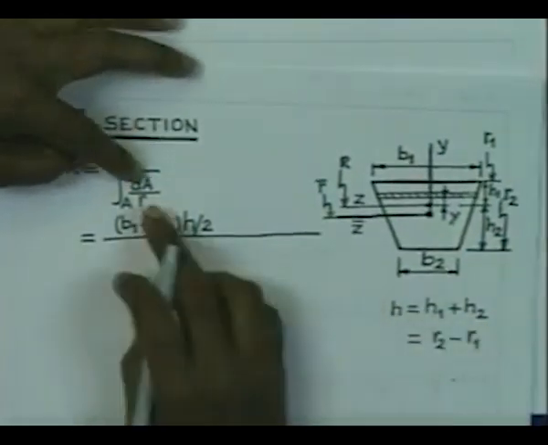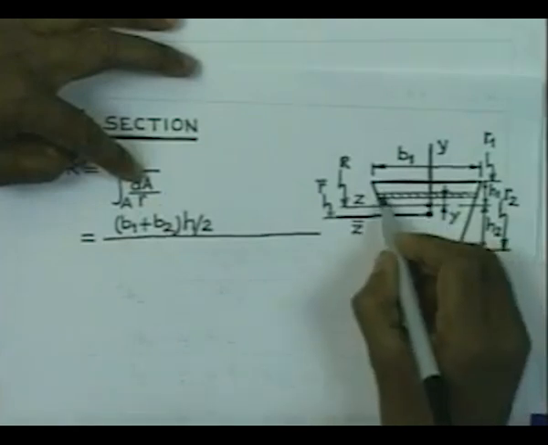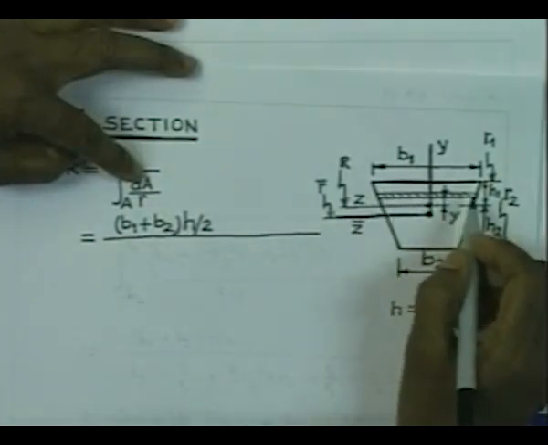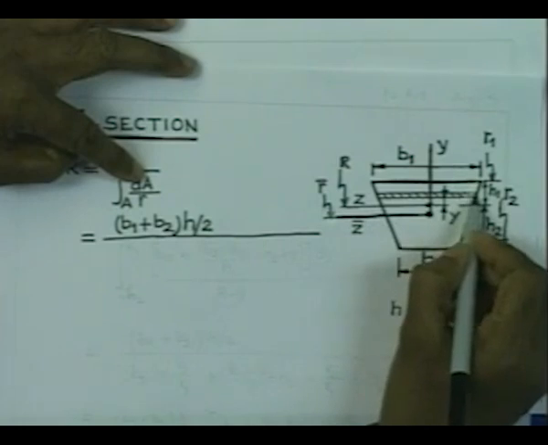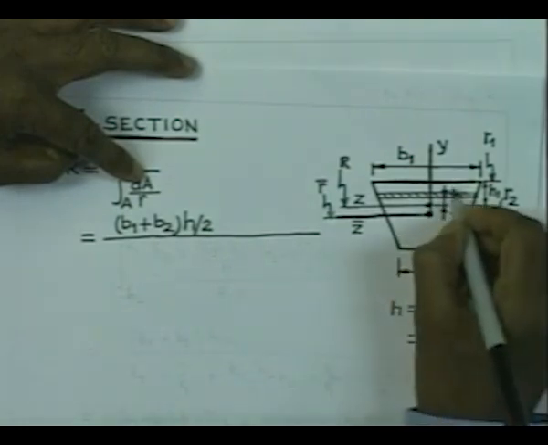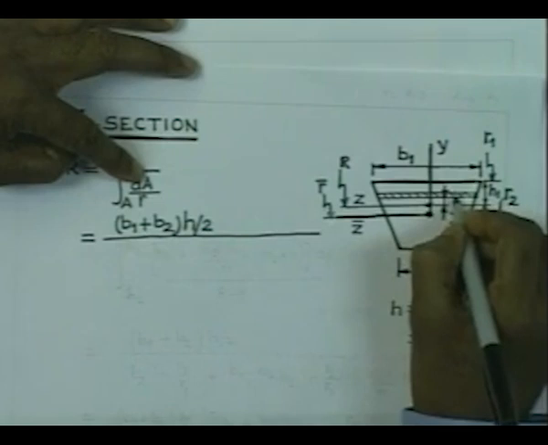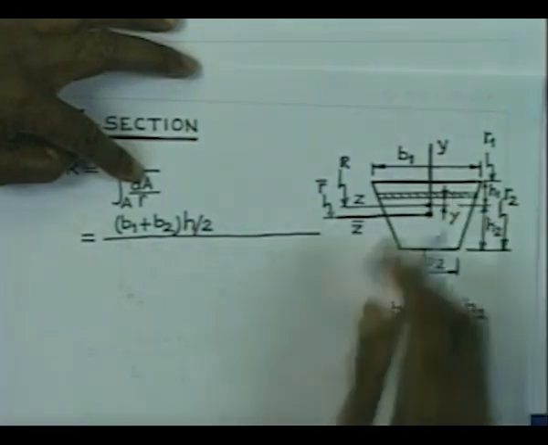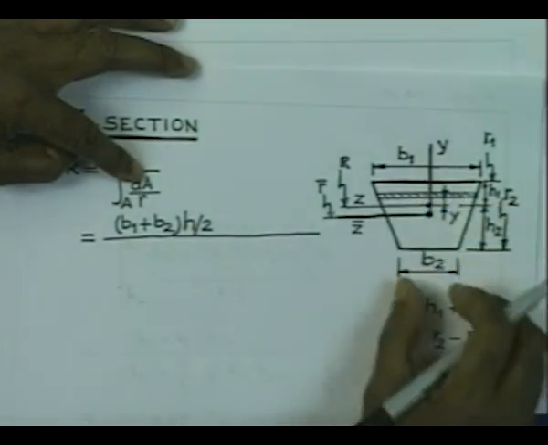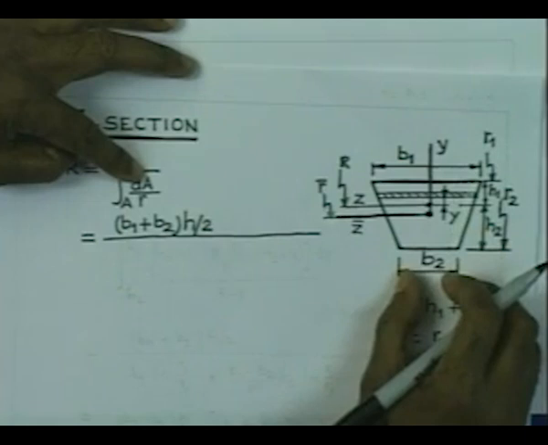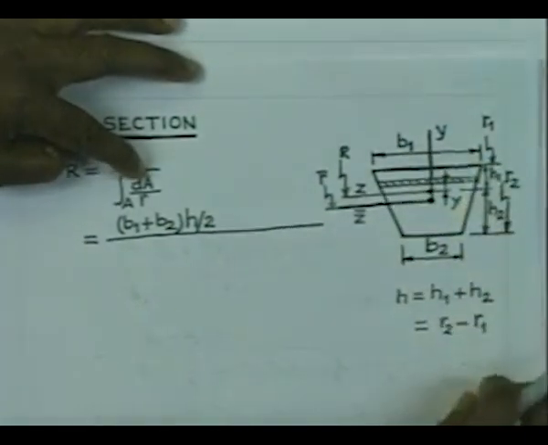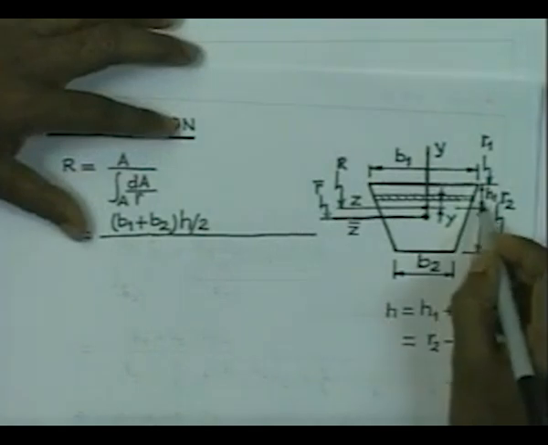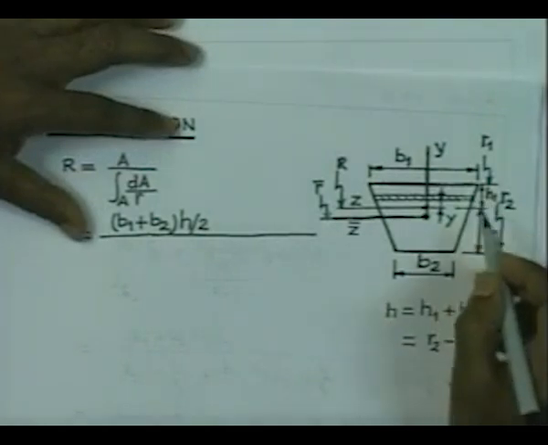Now, we can write the area dA, which is given by this width, let us say, that is b multiplied by dy. If you consider that this height is equal to dy, then this b is given by b2 plus (b1 minus b2) by h into the height (h2 plus y).